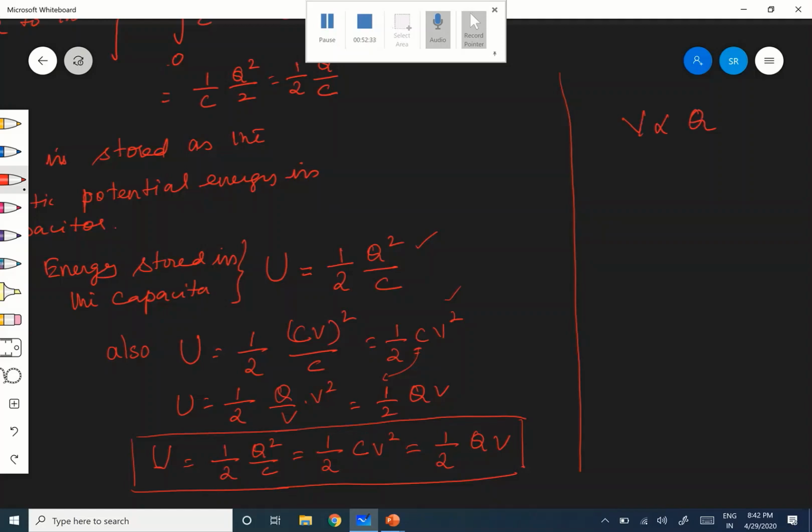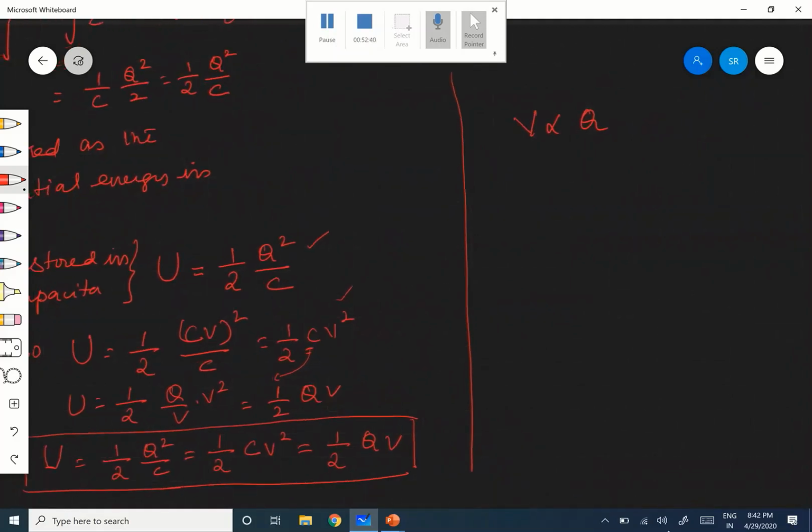Okay, graphically, how to attain the same result. If you plot a graph between Q and V, let it be Q here and V there, you will definitely get a straight line because they are proportional. For example, this is O and this is A. I am getting some QV values.